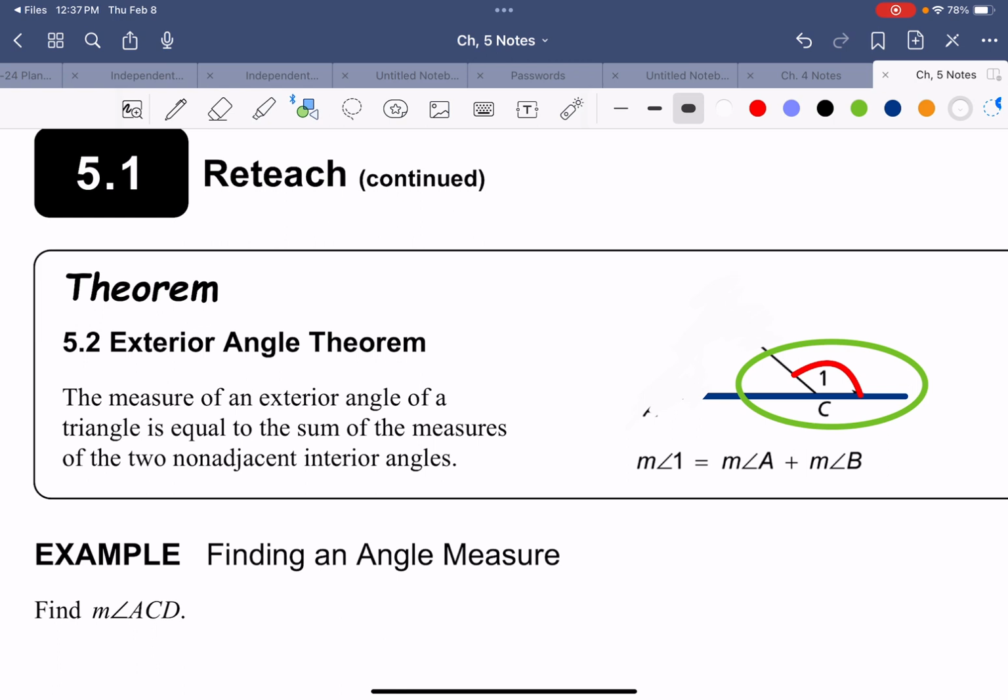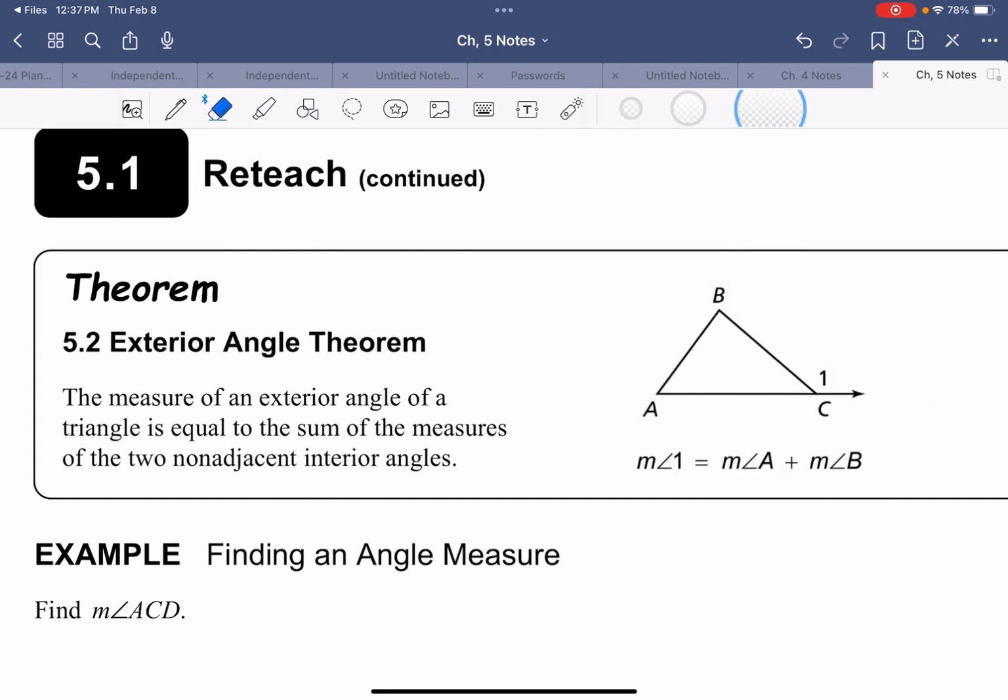And we know if it's a linear pair that they are equal to 180. So if I label this one as 2, we can say that angle 1 plus angle 2 equals 180 degrees. That's where this theorem comes into play.